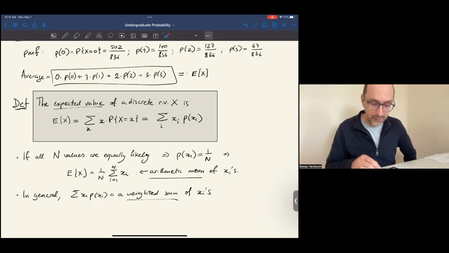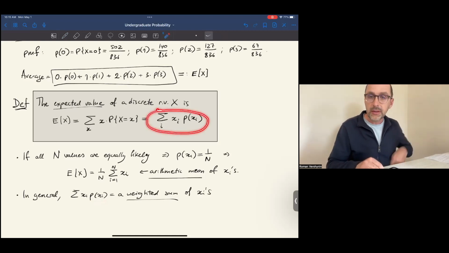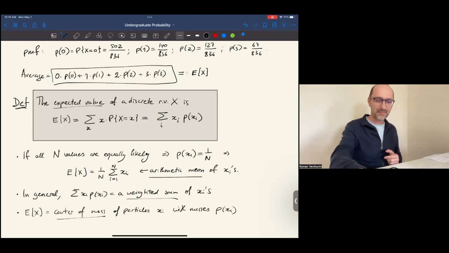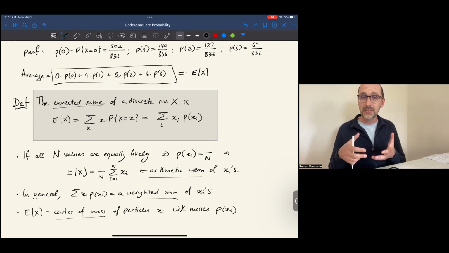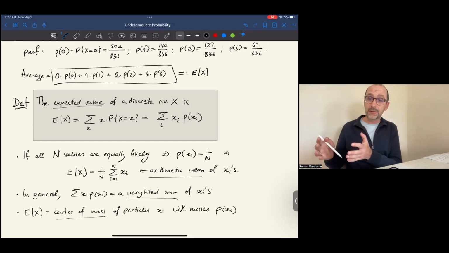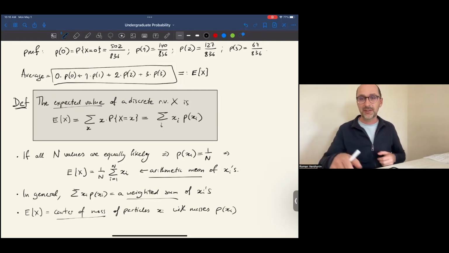Also, if you remember physics, you may recognize this as the center of mass of the particles xi with masses P of xi. So the expected value, which in probability corresponds to the notion of the center of a random variable, if you will, corresponds to the physical notion of the center of mass.